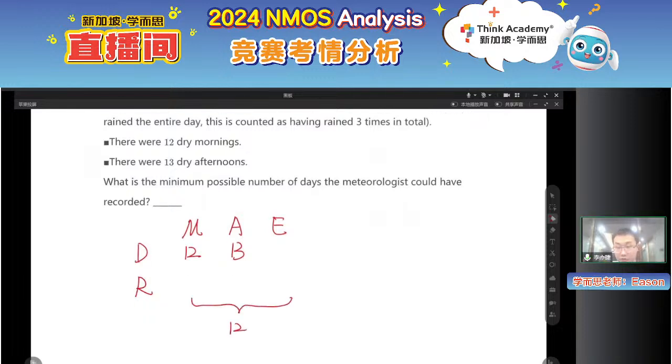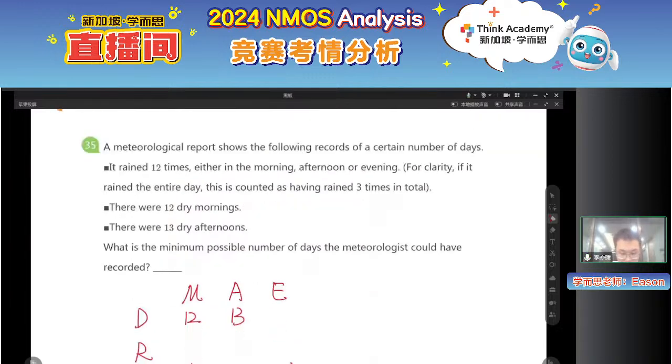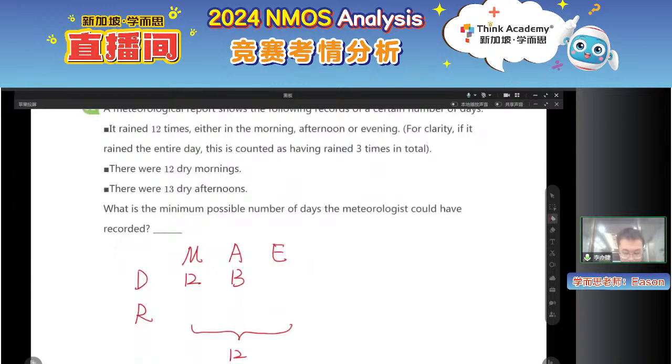The question is asking for the minimum possible number of days that could have been recorded. Actually, if the number is correct, because we know there are 13 afternoons, can it just be 13 days? And I find it's possible.